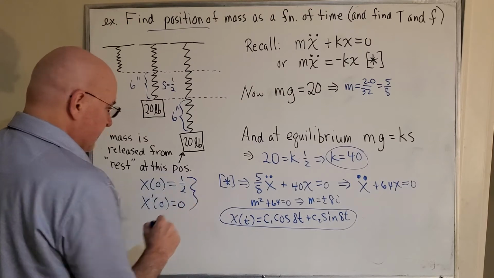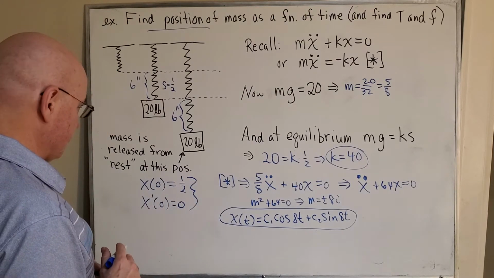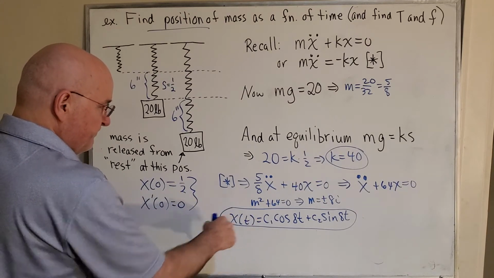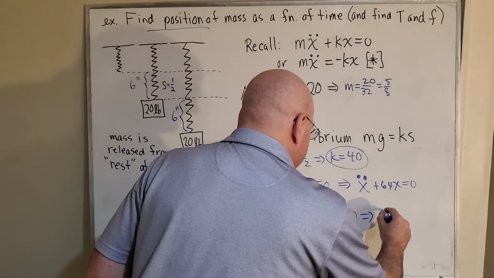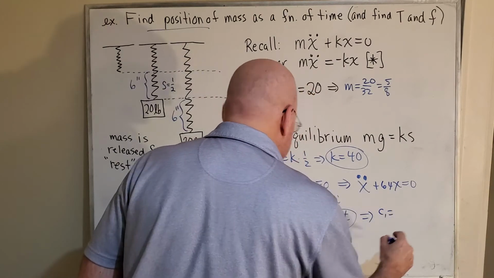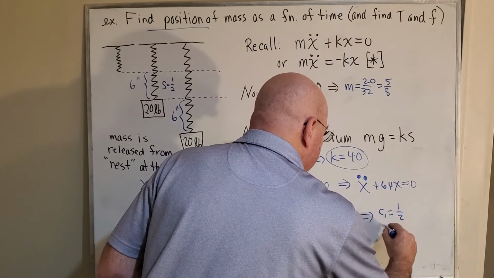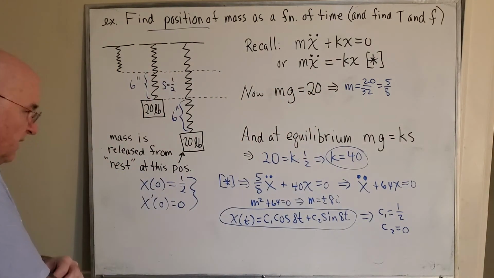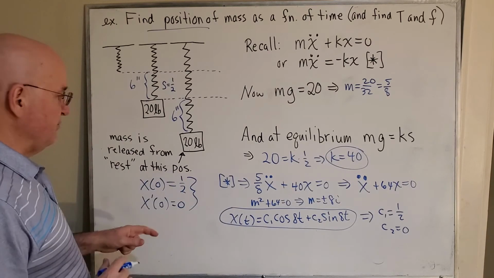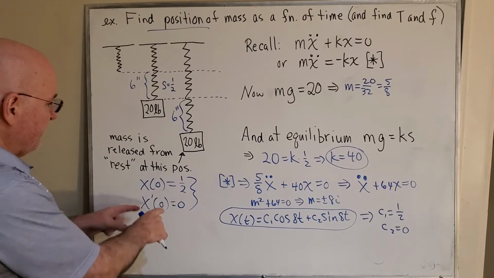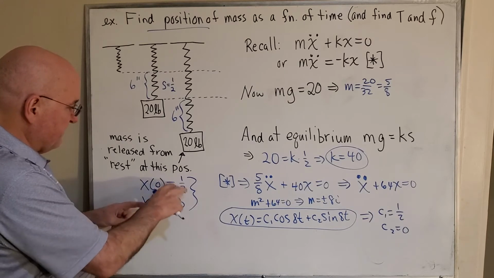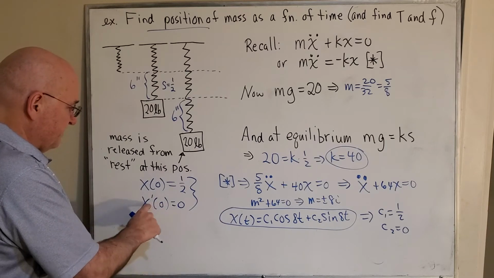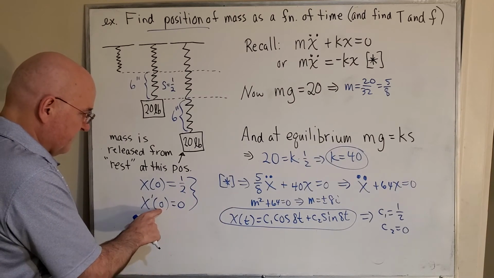I'm going to let you figure this out, but I'll tell you what C1 and C2 are. This and this imply C1 is equal to 1/2 and C2 is equal to 0. I didn't go through it, but in order to figure out what C1 and C2 are, I would have had to take the derivative of this and say that the derivative is equal to 0 at time 0.